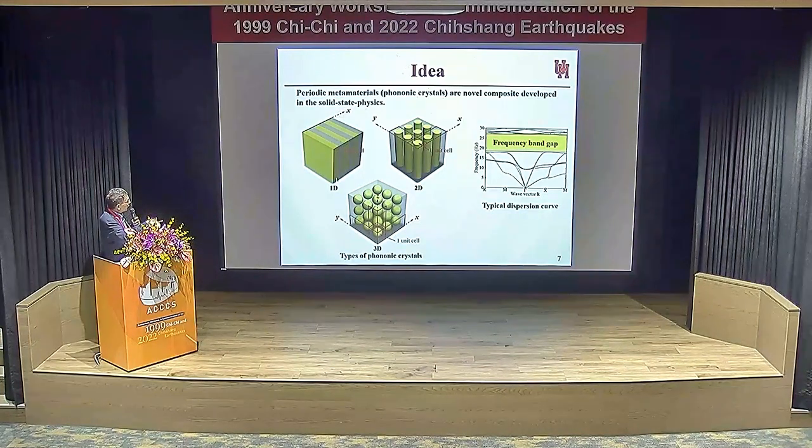We call it 1D. If we have a unit cell like this one and repeat it in X and Y directions, we call it 2D. Similarly, if we have a unit cell like this one and repeat it in all X, Y, Z directions, it's a 3D phononic crystal or metamaterial.